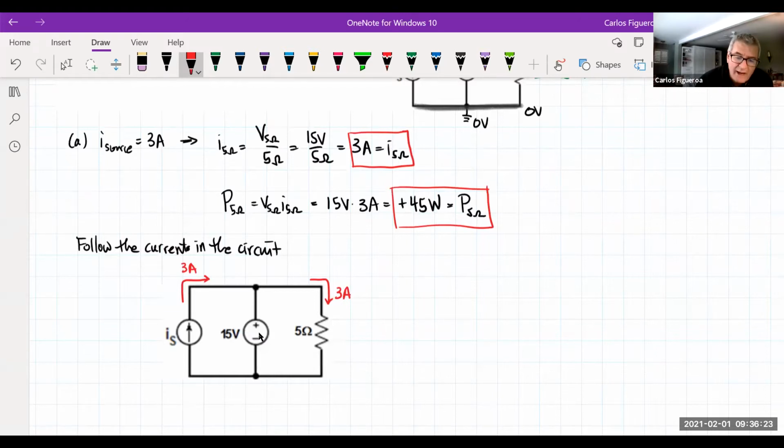The only way this could be true is if the current through the voltage source tells us that the current going down this thing here is zero.